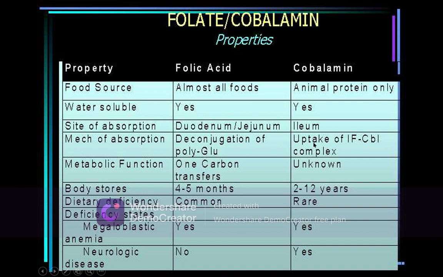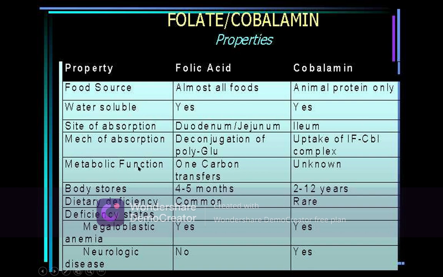But here, uptake of the intrinsic factor cobalamin complex: the intrinsic factor cobalamin complex will be degraded in the terminal ileum cells, and then the transcobalamin will take it to the liver.